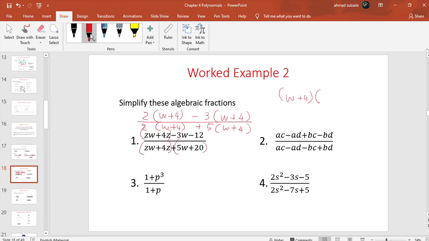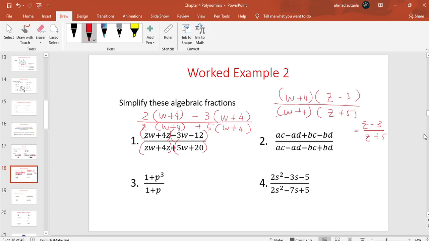Then the remaining will be z minus 3 in your numerator, and your denominator also consists of w plus 4, then the remaining is z plus 5. Therefore, you can cancel out this w plus 4, and the remaining answer is z minus 3 over z plus 5. So usually the first two terms will be in a group, the last two terms in another group.